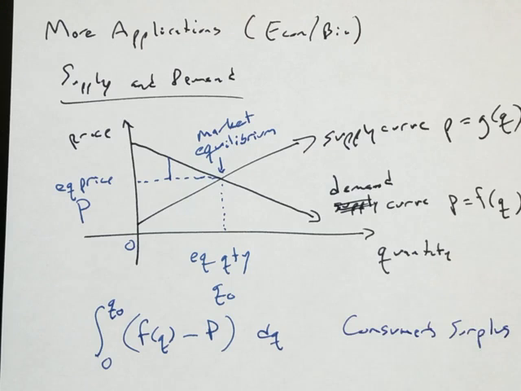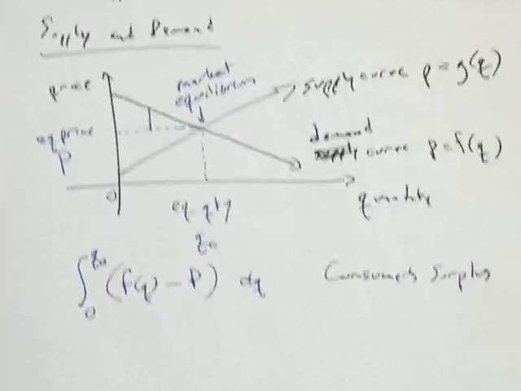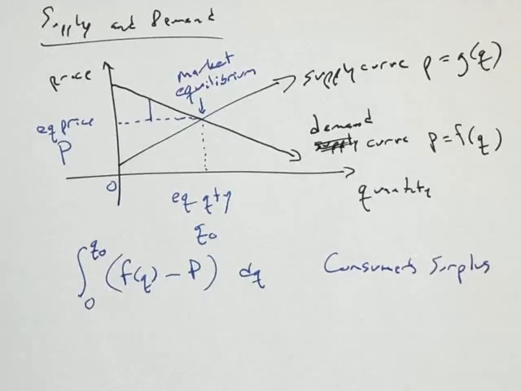And it's additional money still in the economy available to do other things. That's money that these people would have spent on this product, whatever it is. But they didn't have to because the price was lower than they were willing to pay.